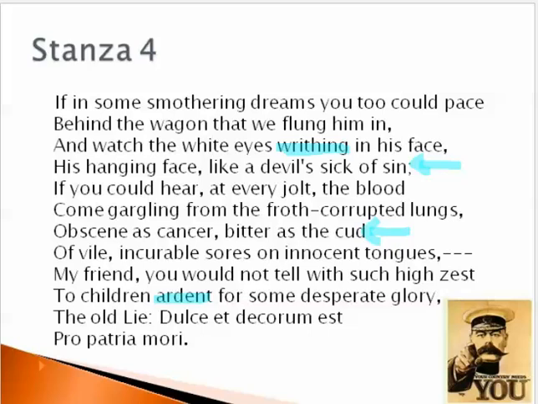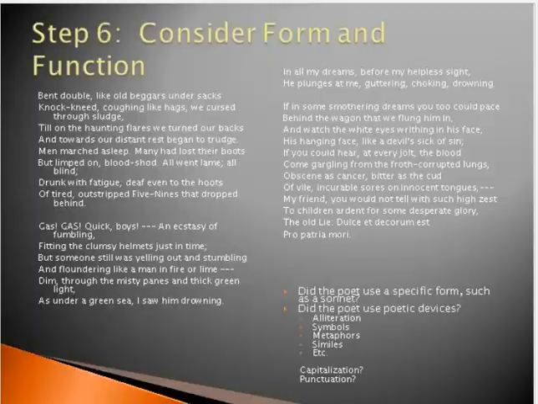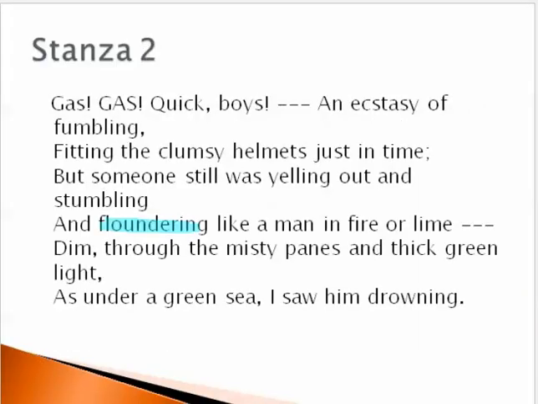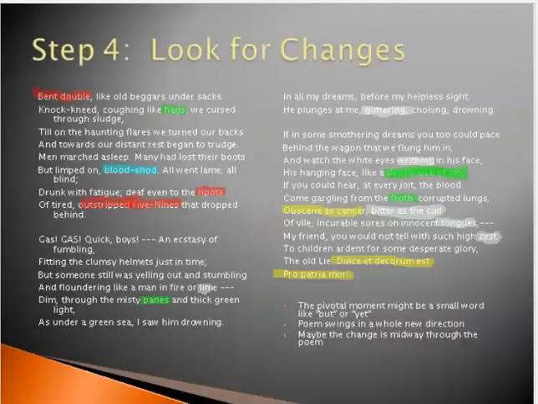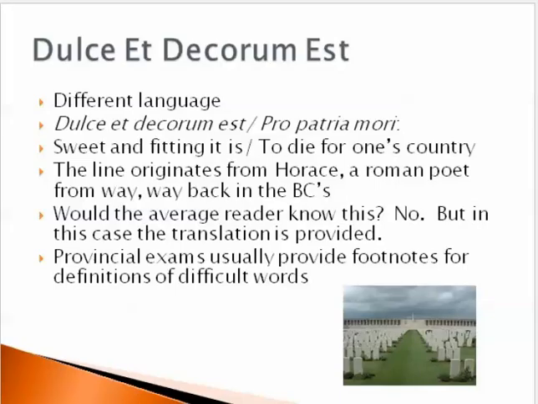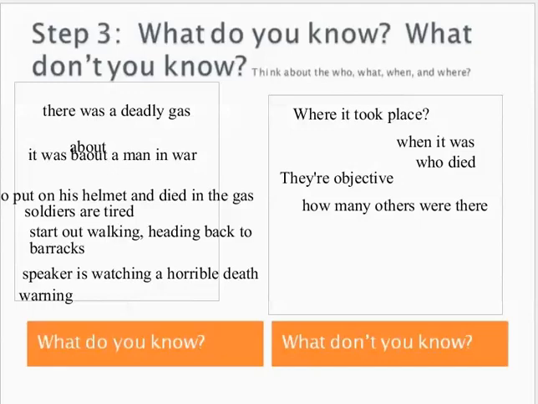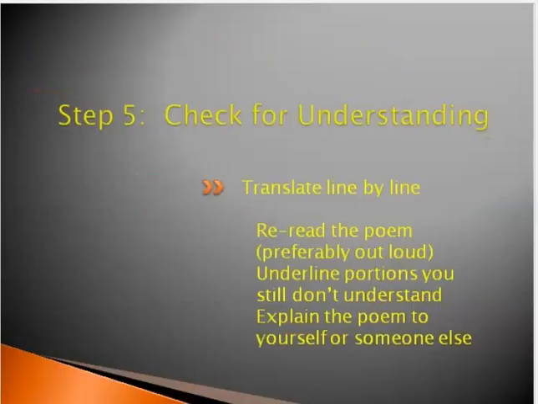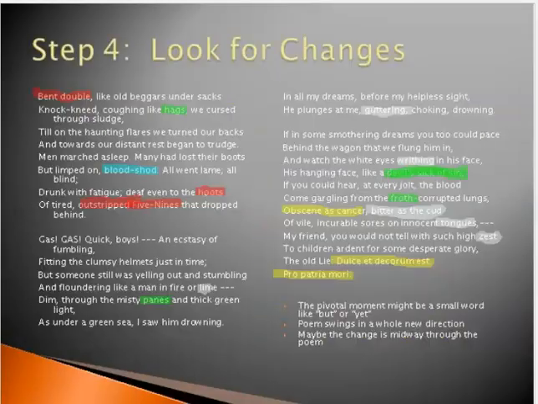The old lie, Dulce et decorum est pro patria mori. And remember, we do know what that quote meant. It means how sweet and fitting it is to die for one's country. So my question to you then, so what's the main message of this poem then?